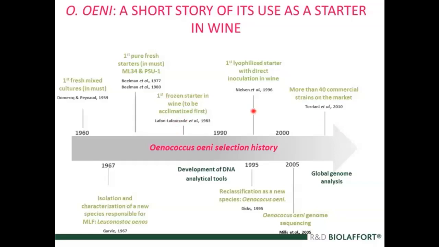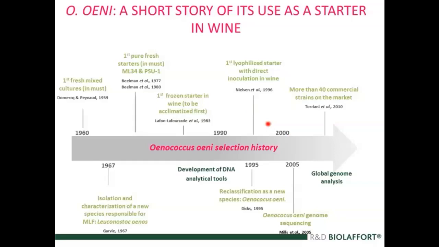In 1996 was described the first direct inoculation in wine with no more acclimatization needed. And nowadays, I haven't done the exact count, but more than 40 commercial strains exist on the market.